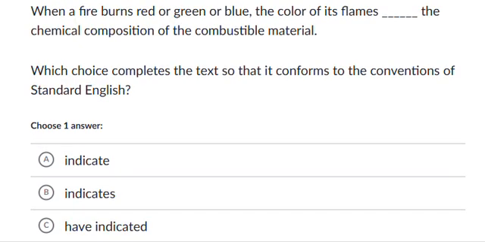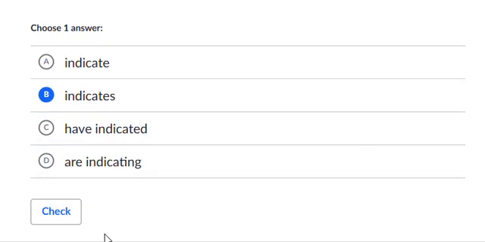We should also know that when we have a singular subject, it always uses a verb which has an s in it, like "fire indicates." It will never be "fire indicate." If it's "fires indicate," so if it's plural, we'll go with no s, but if it's singular, we'll go with the s. So indicates will be the right answer for this, right? Correct.